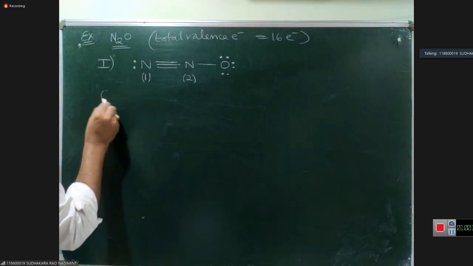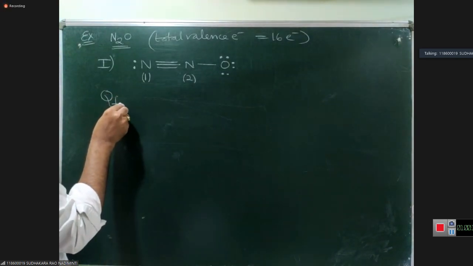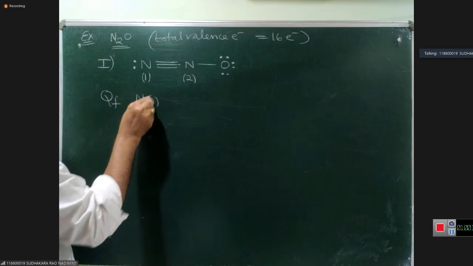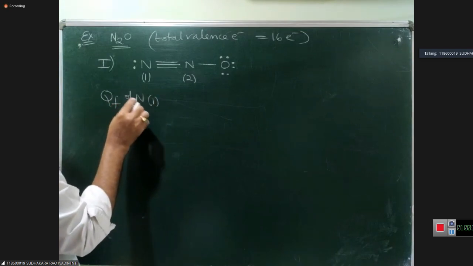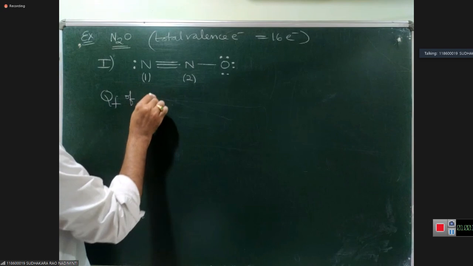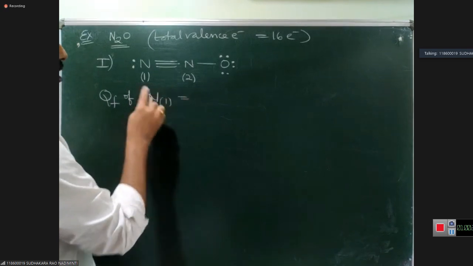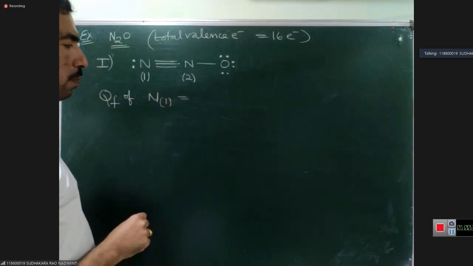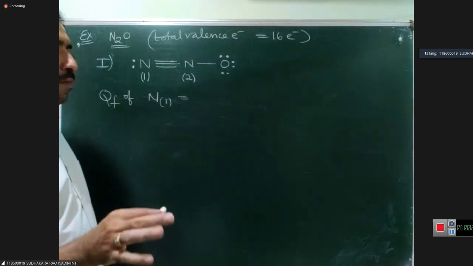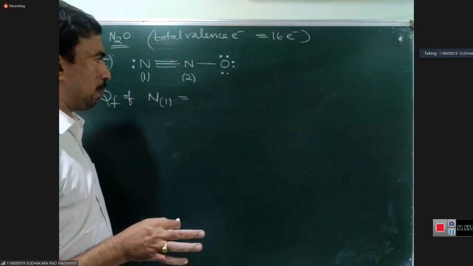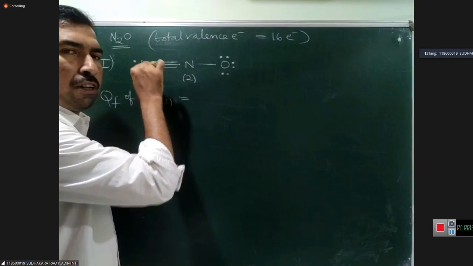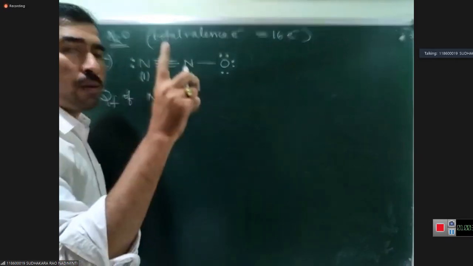Okay, so the formal charge of N1, the first nitrogen, is equal to what? Apply the formula. We are finding the formal charge for nitrogen. Nitrogen belongs to group 5.